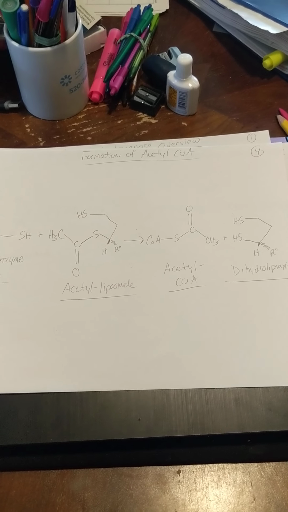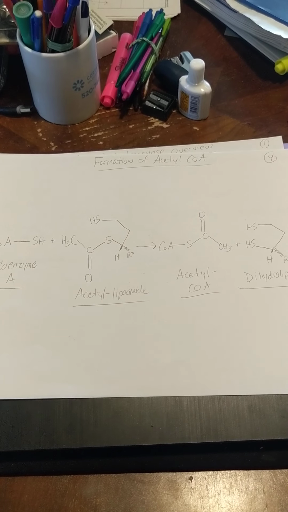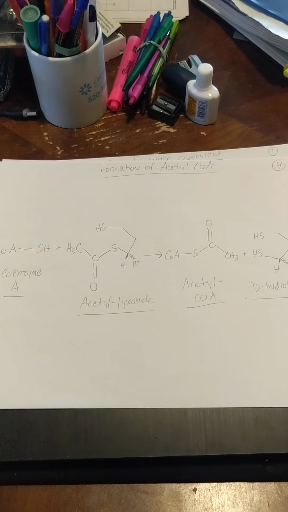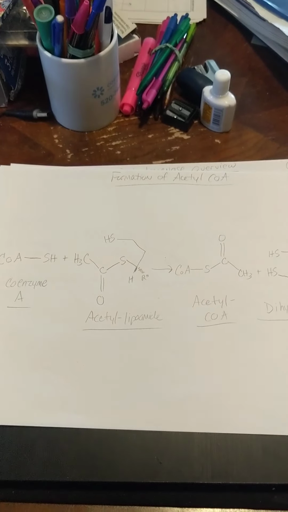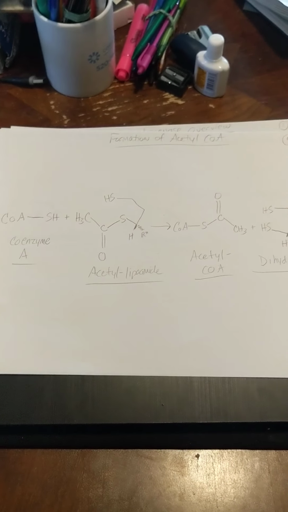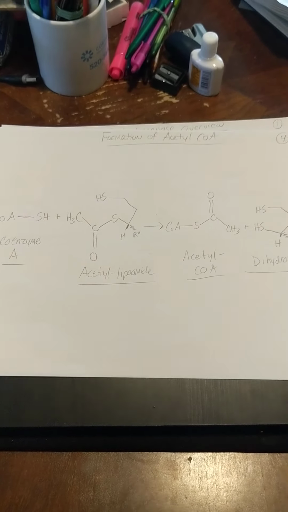The thioester bond is maintained as the acetyl group is transferred to CoA. So as a result of this step, acetyl-CoA has now been generated. But wait, there's more. We're not quite done yet. So there's one more step.